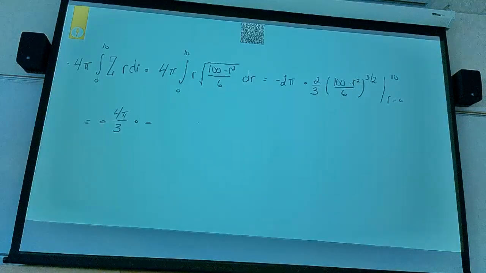And of course, it's a minus that, so negative. 100 to the 3 halves is 10 cubed, which is 1,000. Six to the 3 halves is 6 root 6.